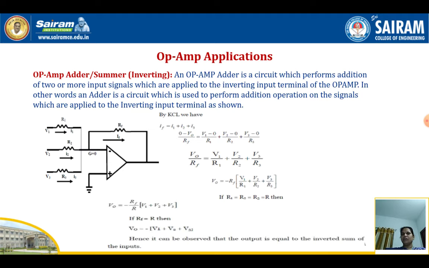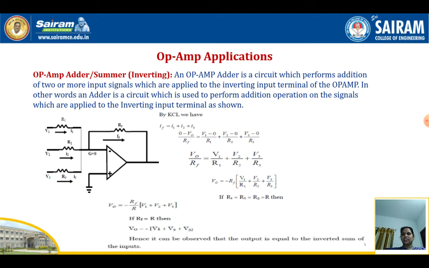Here I am going to apply the input voltages across the inverting input terminal. I can apply more than two input signals which I want to add. In other words, we can define the adder as a circuit which is used to perform the addition operation of the signals which are applied at the inverting input terminal, as shown below.